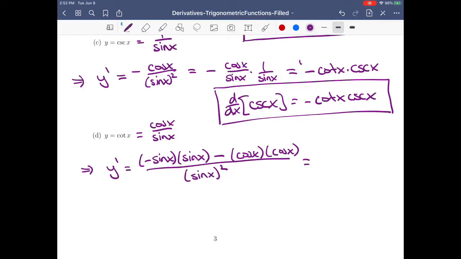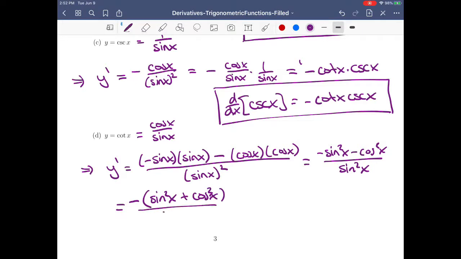So this gives me negative sine squared x minus cos squared x all over sine squared x. I can factor out a negative, and that's sine squared x plus cos squared x over sine squared x. And we already did this, so this is just a 1 on the top.